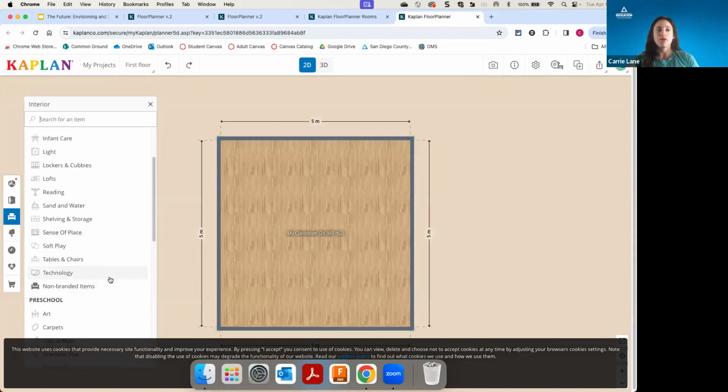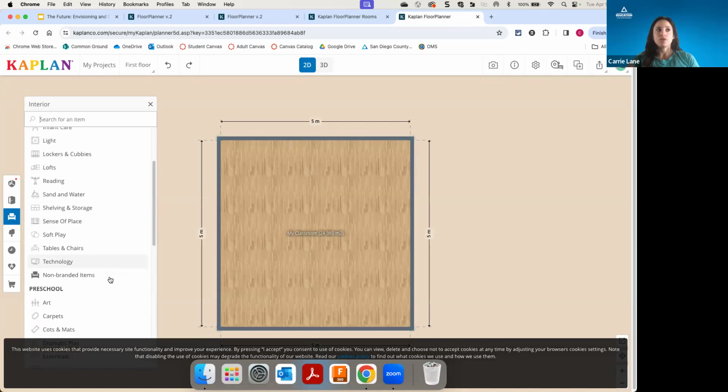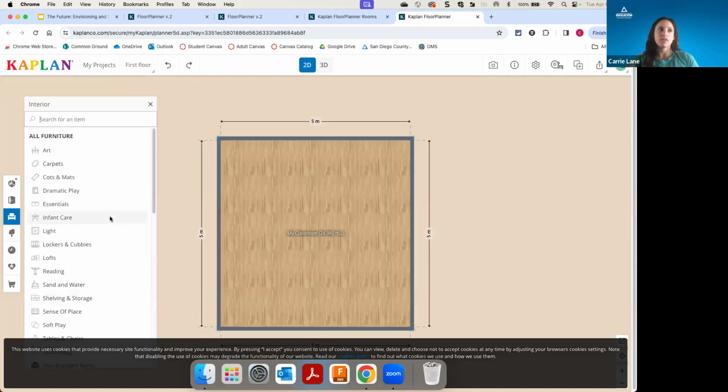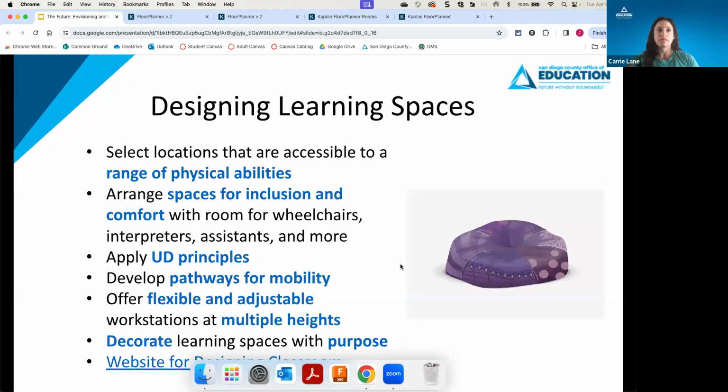For example, maybe if you have a student who has a wheelchair, in addition to having their normal table and chairs, you might want to also add a shelf for them so that they can place something on the shelf. Or if you have a blind student and they have a cane, maybe you have a shelf there so that they can clasp the cane onto the shelf. And so thinking through, and then you can pull it over and design your classroom piece by piece.